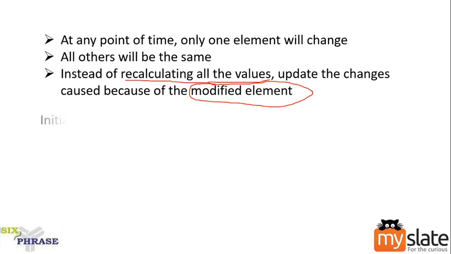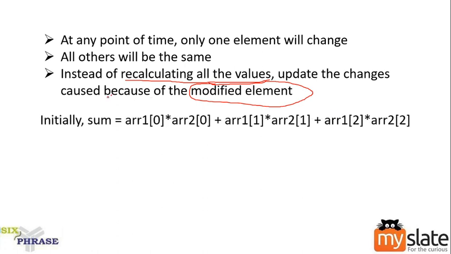So how can I do that? See, initially for three elements, initial sum guys, with no modification, initial sum will be the zeroth index of two arrays, first index of two arrays and second index of two arrays multiplied and added. This is sum of their product values, right? Now first modification will be done to zeroth index.